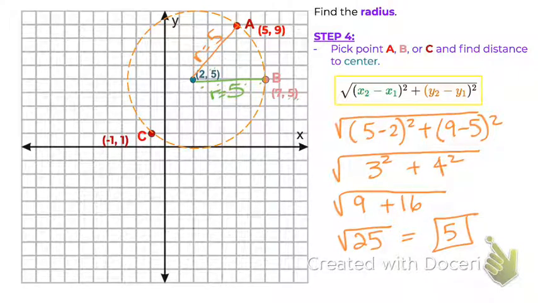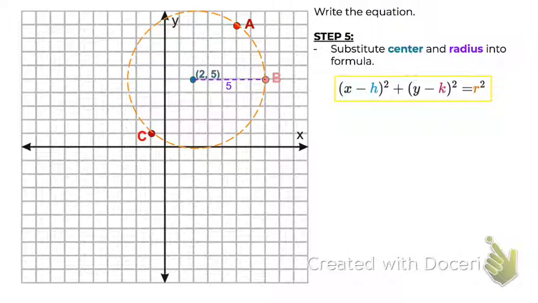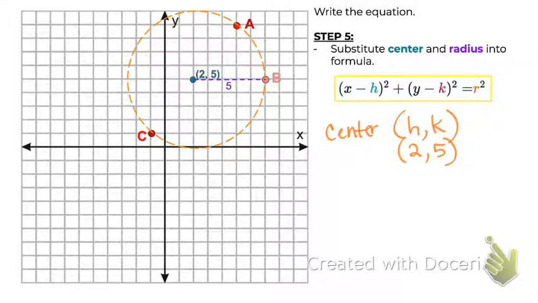Now that you have the radius and you have the center, now we can substitute it into the formula to have the equation. So the center is always represented with H, K. So if our center is 2, 5, that means H is 2, K is 5. And then the radius is R, which we said is 5.